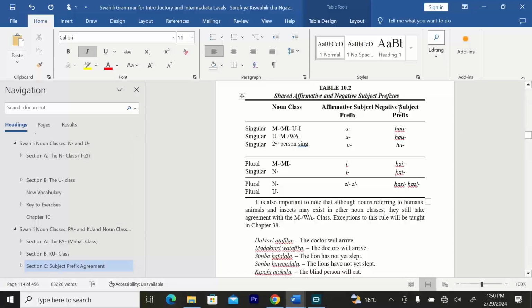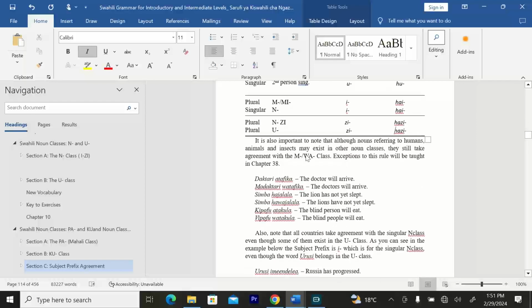And in the negative subject prefix is hai and hai. In plural, n and o is z, right? And the affirmative subject prefix is zi, hazi.